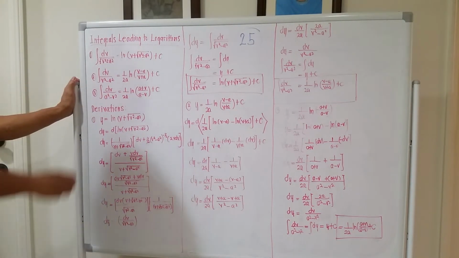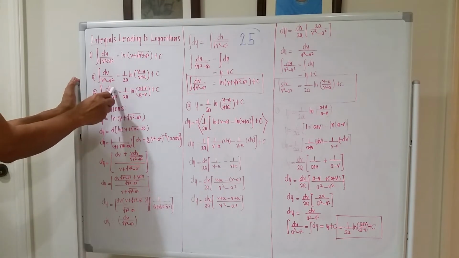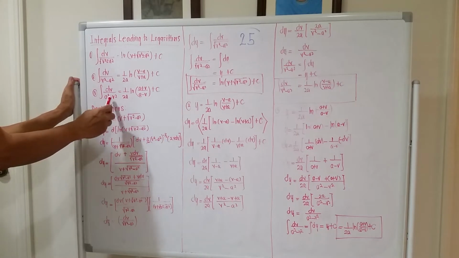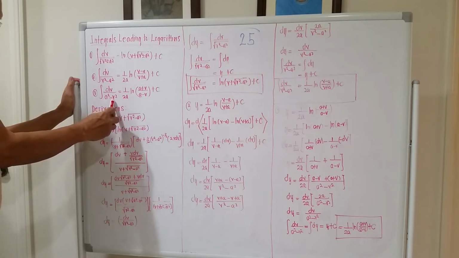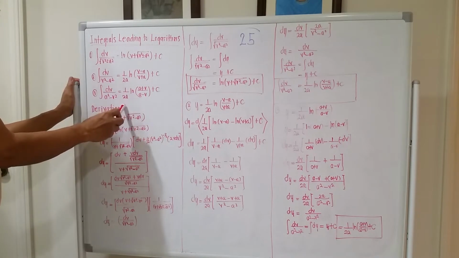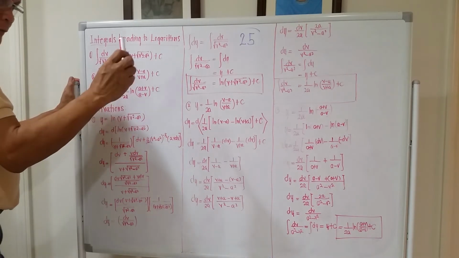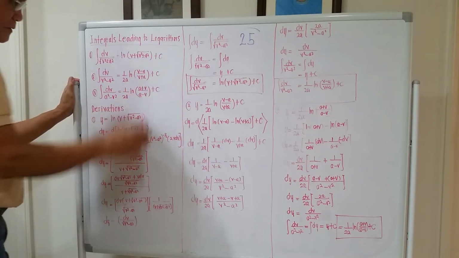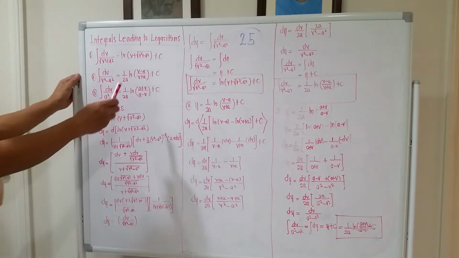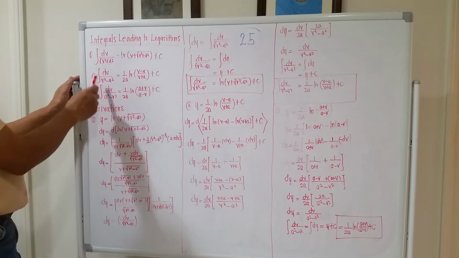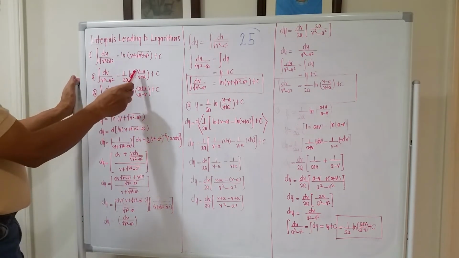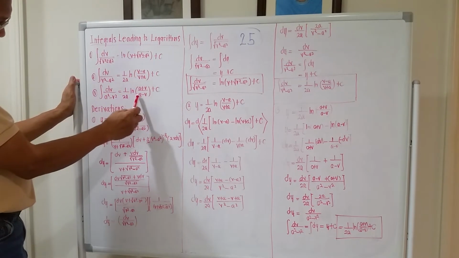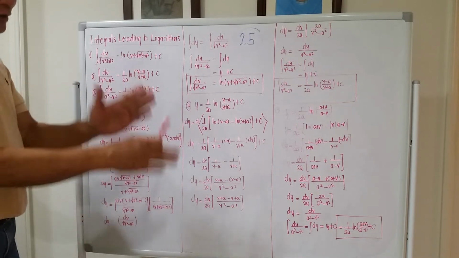Formula number 3, the integral of db over a square minus b square, it's another variation, equals 1 over 2a times the natural logarithm of the quantity a plus b over a minus b, plus c. Actually, the right hand side is different for number 2 and 3. This is b minus a over b plus a, and this is a plus b over a minus b. So take note of those ones.